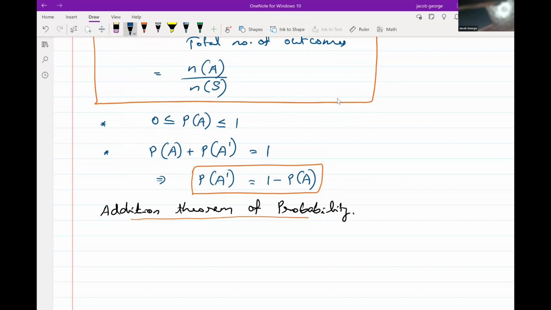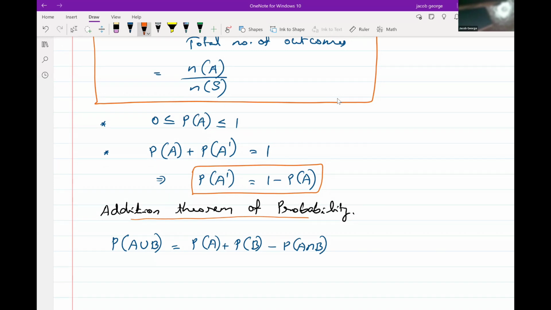P(A union B), or P(A or B), is equal to P(A) plus P(B) minus P(A intersection B). So this formula is called the addition theorem of probability.